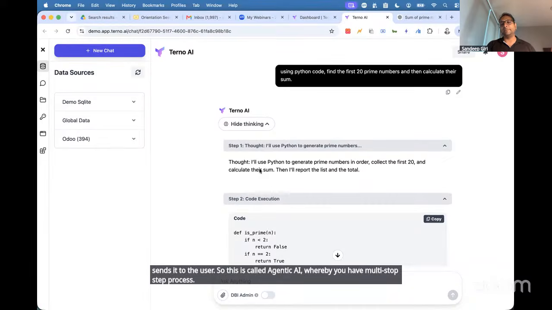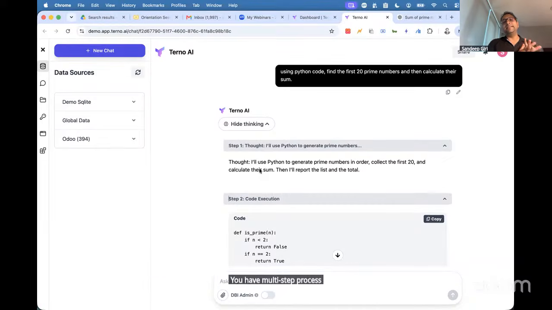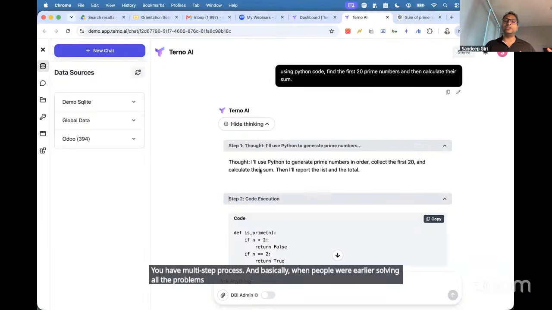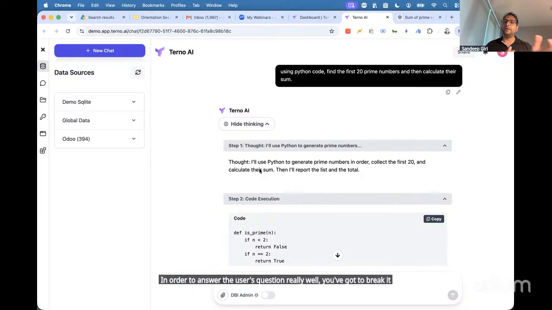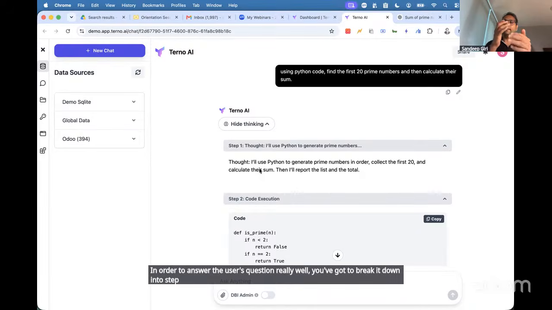When people were earlier solving problems like the customer support agent using LLMs and so on, they were using normal AI. But now, in order to answer the user's question really well, you have to break it down into steps and get the various steps executed in sequence or in parallel, and then get the answer.